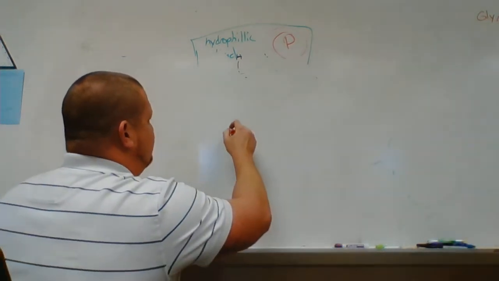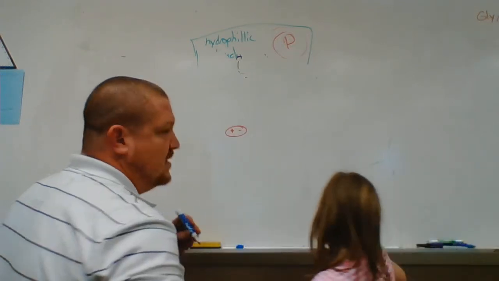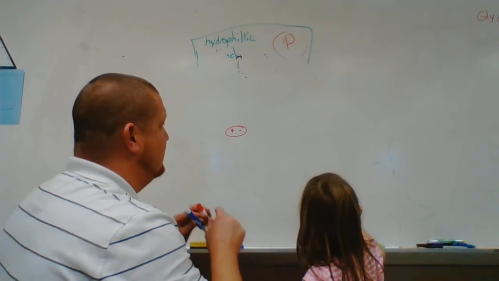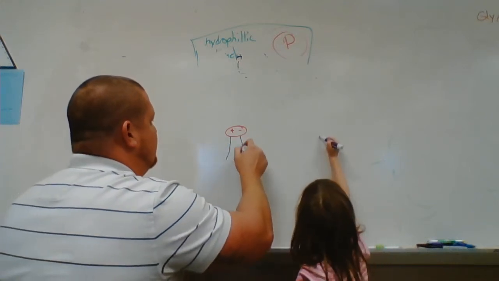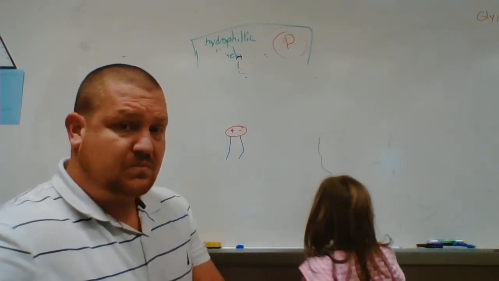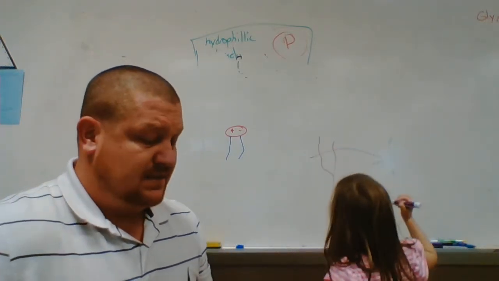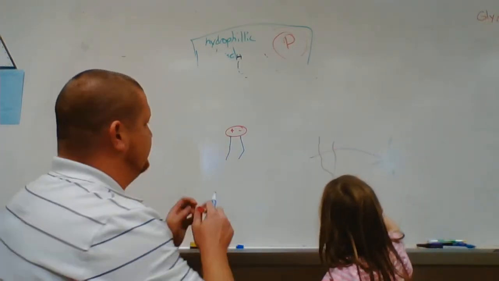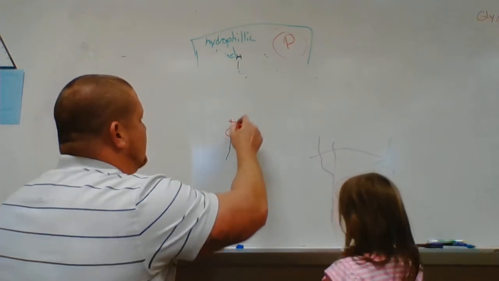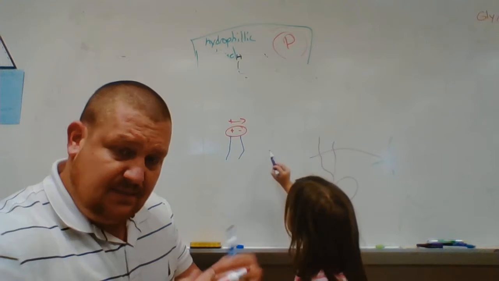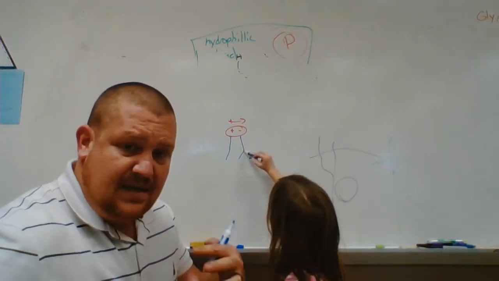So we have the polar, hydrophilic heads, and the non-polar, hydrophobic fatty acid tails of this. So we have a polar area up here and a non-polar area down at the bottom. Now, just like magnets, polarity things can hold together.